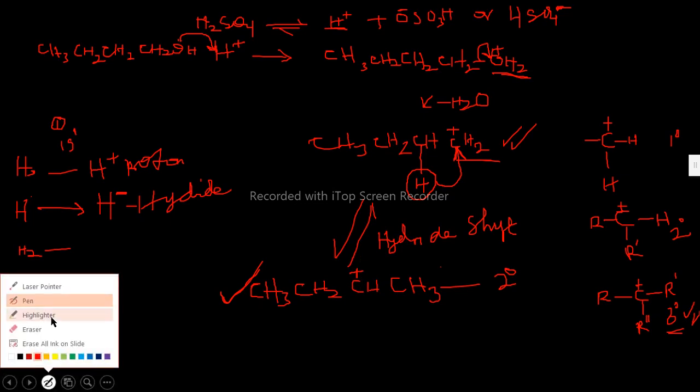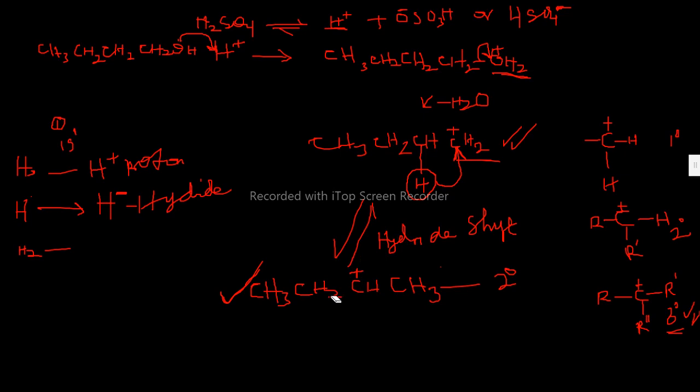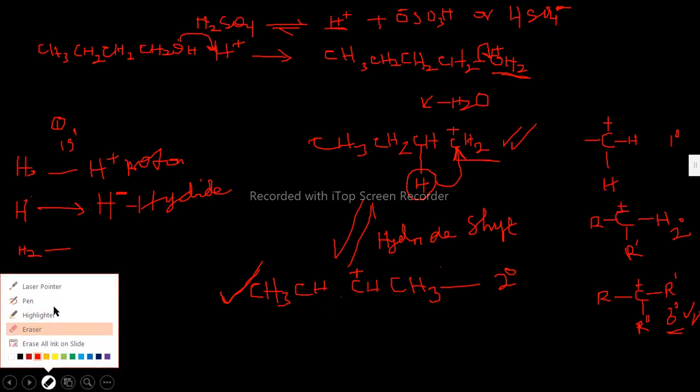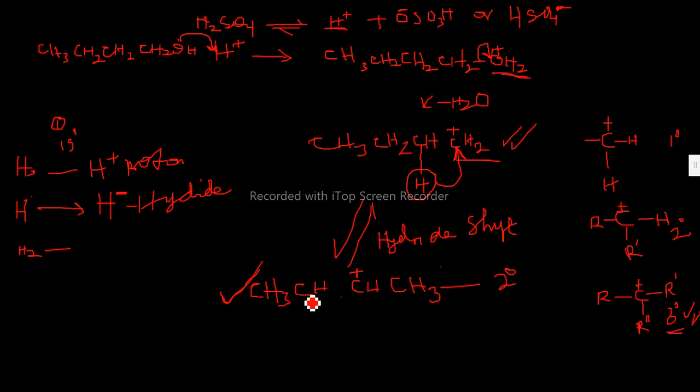Then after that, the nucleophile is going to come and take away 1 hydrogen. So you have the hydrogen here, and this nucleophile, the hydrogen sulfate ion. You can write it in any way you feel comfortable with.